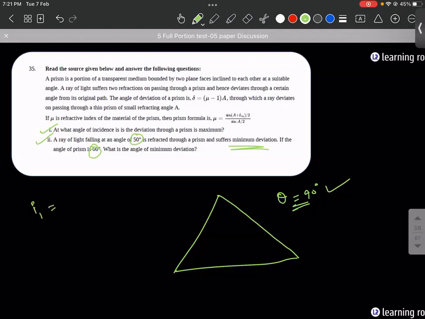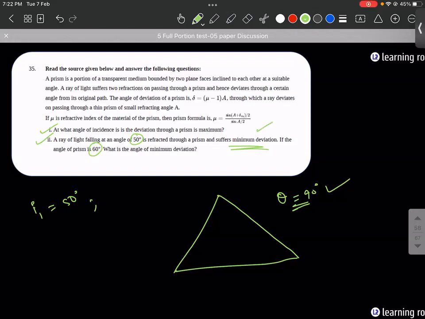So angle of incidence is 50 degrees. Sir, here angle of prism is 60. Is it fixed for all prisms or does it vary, sir? It varies. It can vary anything. So i1 is 50.